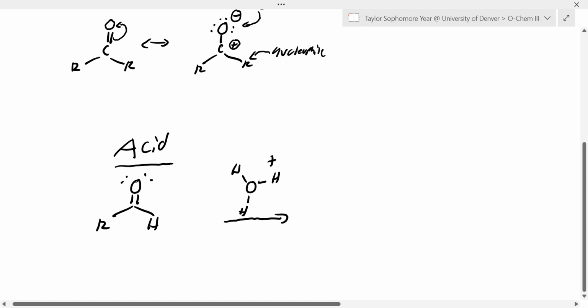We first take these electrons and attack hydrogen. This will be considered a proton transfer. From there we have this, R and H.